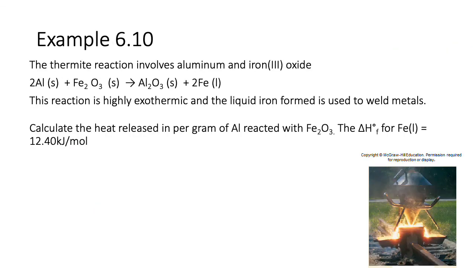So this is a weirdish question. It says the thermite reaction involves aluminum and iron oxide. My reaction is 2 aluminums plus 1 iron oxide makes aluminum oxide and liquid iron. This reaction is going to be highly exothermic. And the liquid iron that you get as a product is going to be used to weld metals.